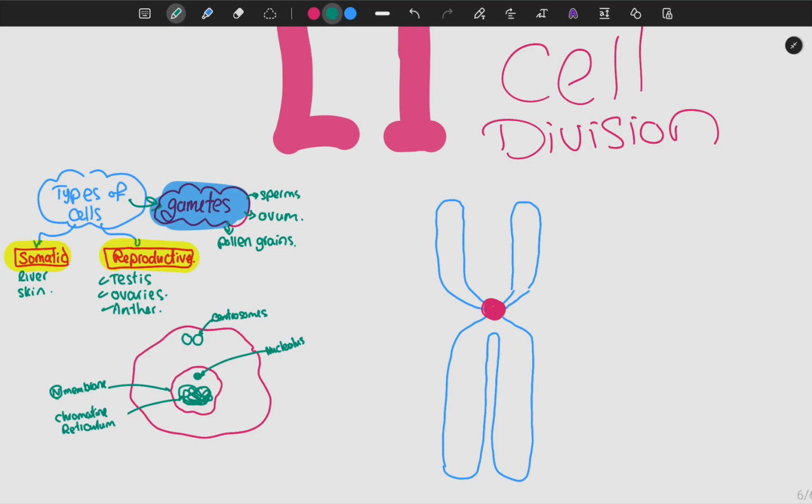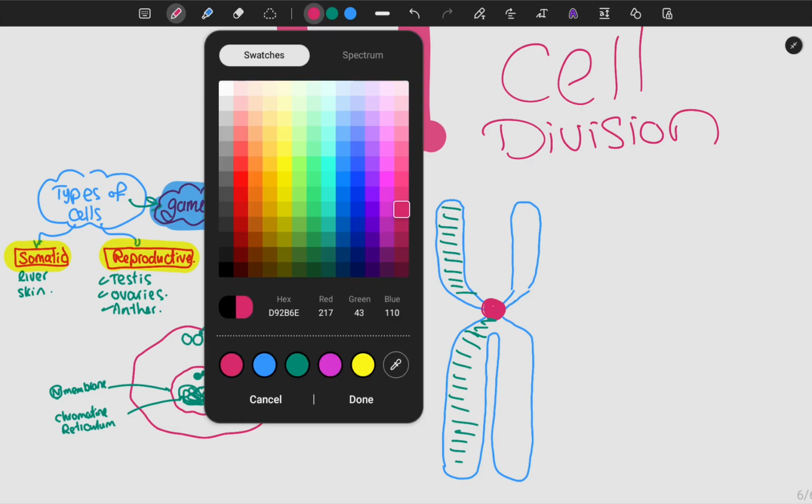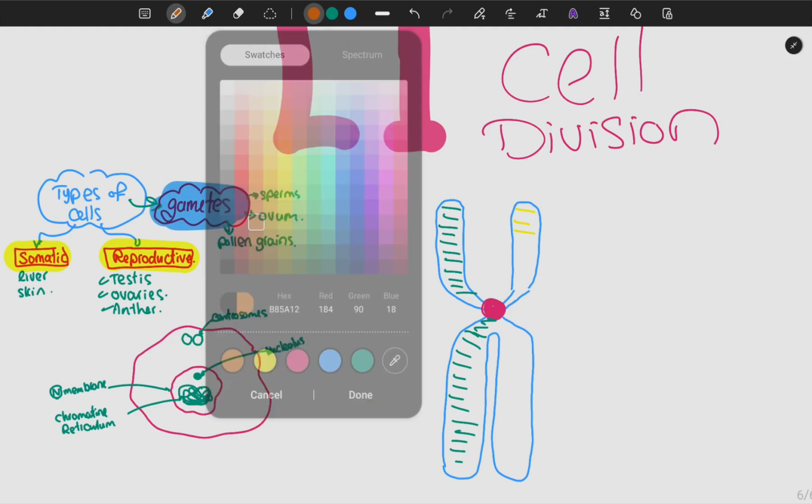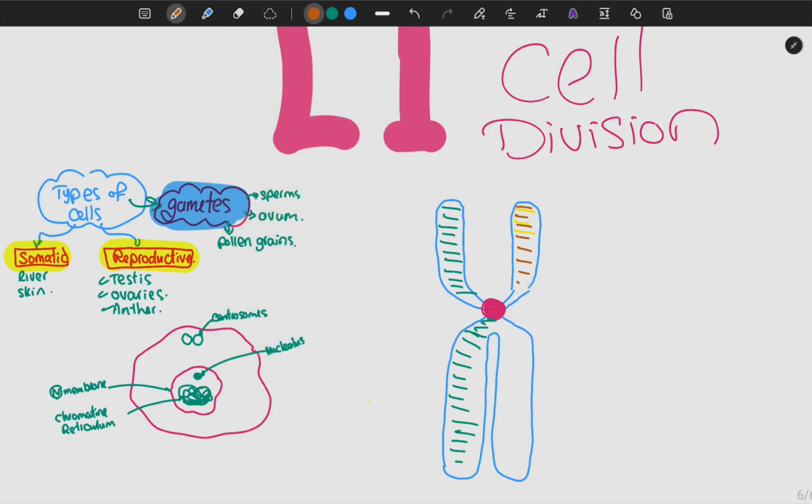Okay, we have in this chromosome two sides. Left, let's draw it by green, and another left one also by green, and right, let's draw it by another color, say yellow. Okay, so this is our chromosome.